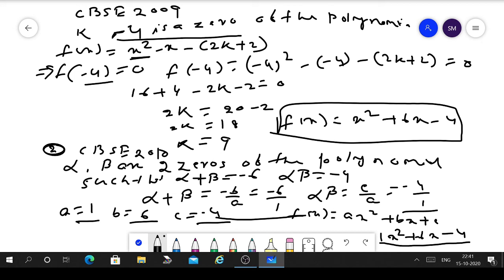Alpha into beta is equal to c by a, which is equal to -4, written as -4 upon 1. By comparing these, we get a equal to 1, b equal to 6, c equal to -4. Then as f(x) is equal to ax square plus bx plus c, putting the values of a, b, c, we get the polynomial f(x) is equal to x square plus 6x minus 4. Okay.